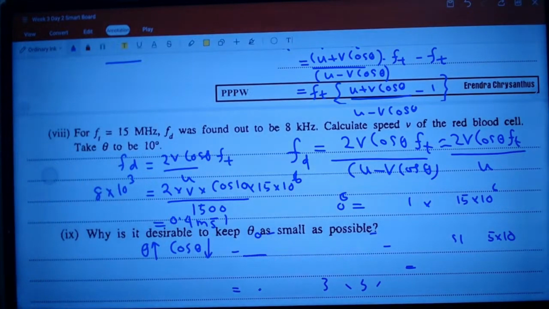So why is it desirable to keep theta as small as possible?